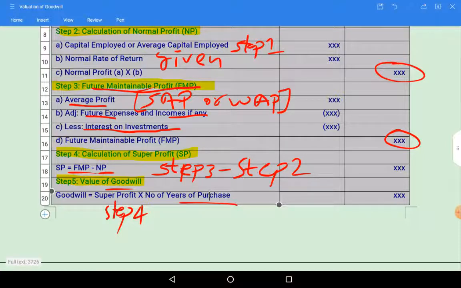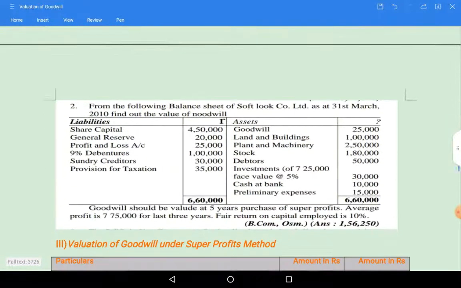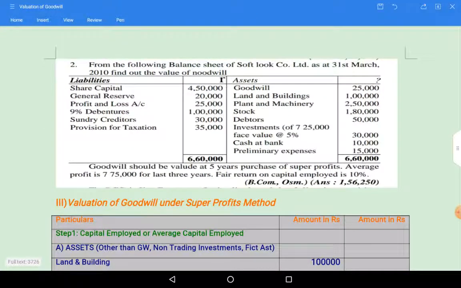Similarly, what you did in the simple average profit and weighted average profit: there you did simple average profit into number of years of purchase, for weighted average profit into number of years of purchase, and for super profits method, super profit into number of years of purchase. Okay, let us see one example, one question relating to valuation of goodwill under the super profit method.